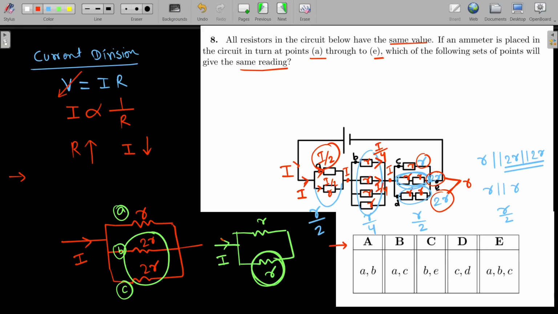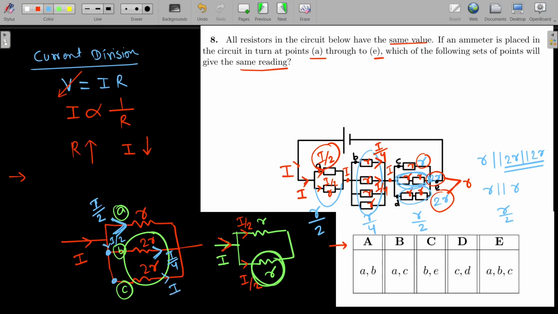So what will happen? This current I is coming. Since both the resistors are equal, they will get divided equally, I by 2 and I by 2, right? So in resistor A it will get I by 2. In the parallel combination of B and C, I by 2 is going there, but again it has to be divided equally, because they have equal values.